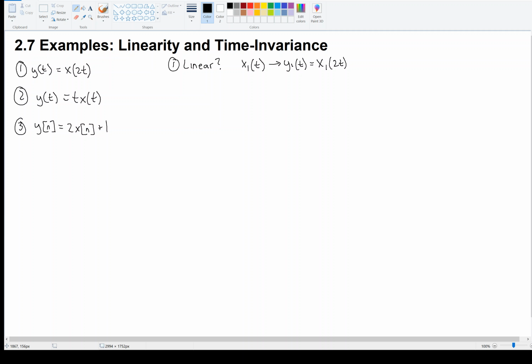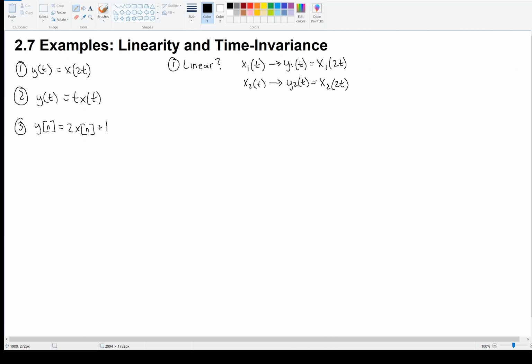I'm almost like doing an experiment, or I'm probing the system. I put in something and then I observe what I get out. So I put in x1 of t and I observe that I get out y1 of t. And then I kind of continue the experiment. I put in a different signal, x2 of t, and I get out what we'll call y2 of t. And of course that is whatever I put in of 2t.